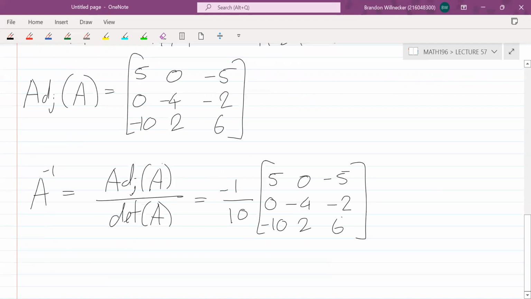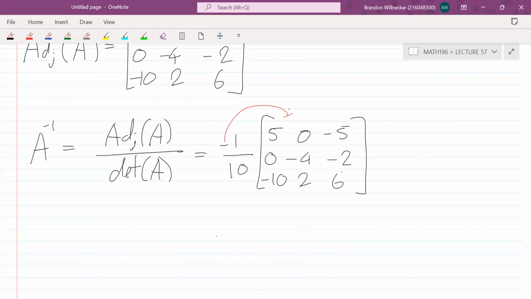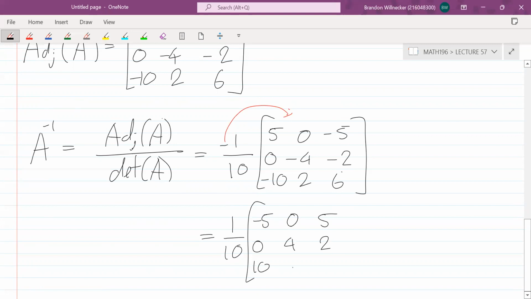Okay. And to avoid any sign problems later on, let's take this minus 1 and multiply it inside, just to get rid of some of those negatives. So this is going to give us 1 over 10 times minus 5, 0, 5, 0, 4, 2, 10, minus 2, minus 6.